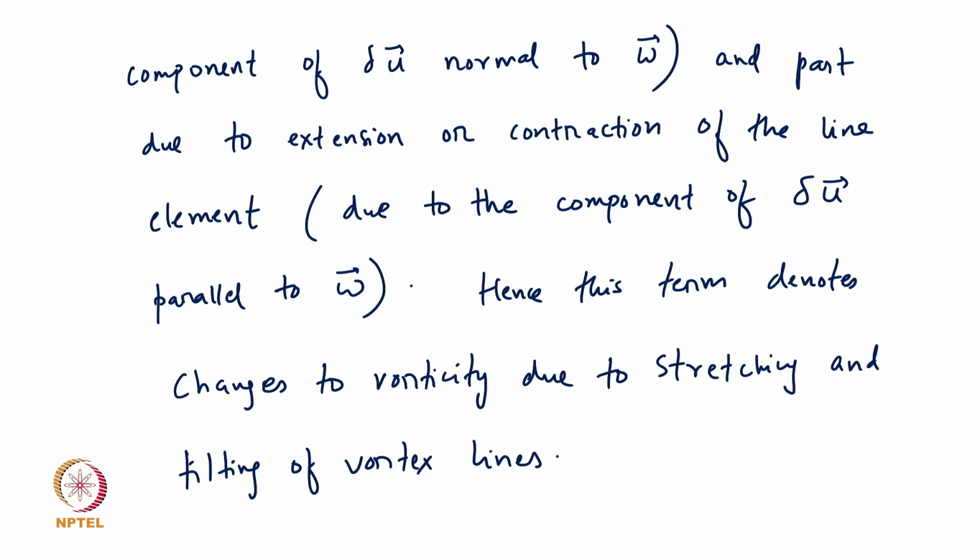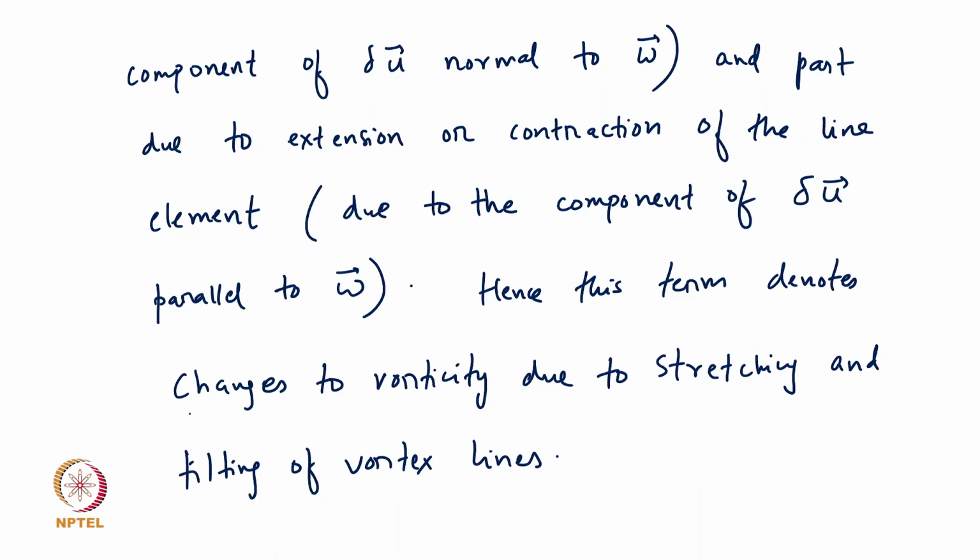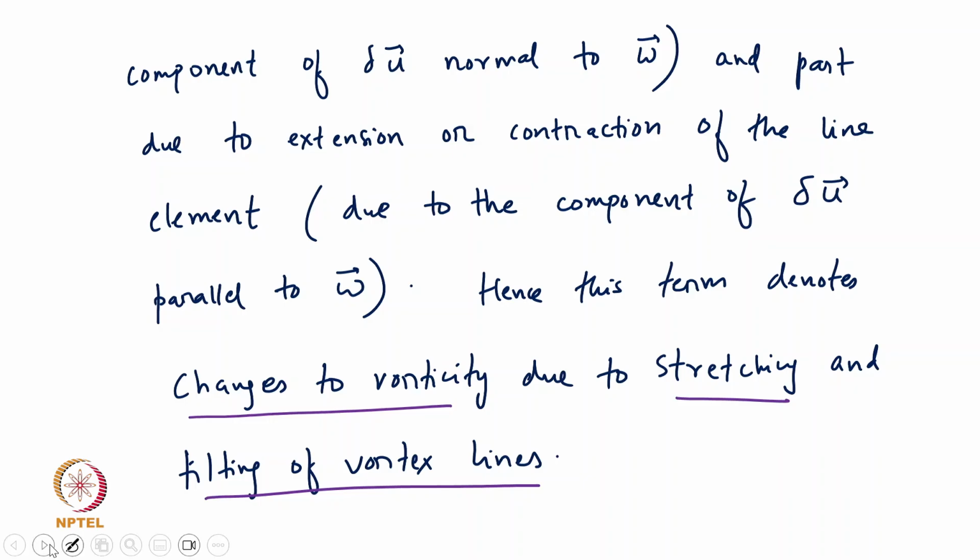Okay, so this is the term that we have been discussing. This omega dot del u is the term that denotes the generation, the change in the vorticity due to stretching and tilting of the vortex lines. This is not present in the momentum equation. This is a new term that is there in the vorticity equation, and hence we are discussing its property.